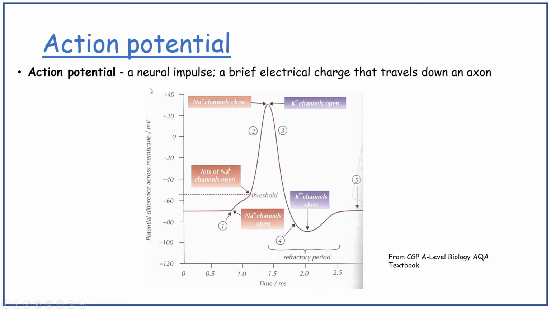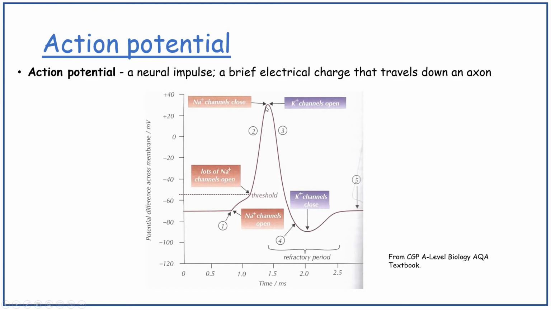Action potential. This is a neural impulse, a brief electrical charge that travels down an axon. So you can see here, at number 1 is where the stimulus starts, and the stimulus causes sodium channels to open. If enough sodium flows into the axon and reaches the threshold value, then lots of sodium channels open, and this causes the membrane to become positive, known as depolarised.